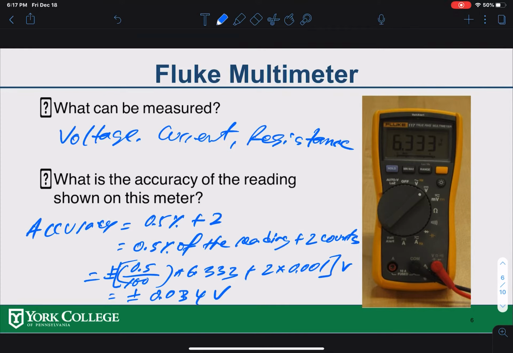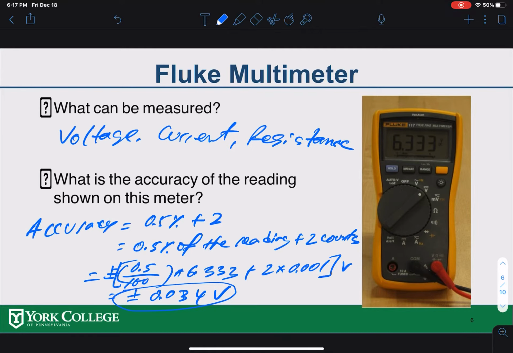So it could be anywhere in between this range. That's the accuracy. I have this much error in my reading. That's what it's saying. All right. So that's the accuracy for this 6.33 volts reading I'm getting right now.